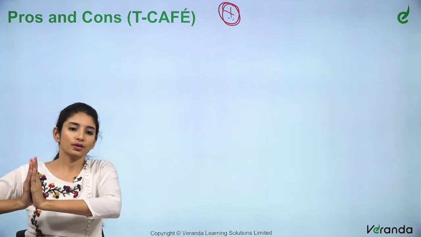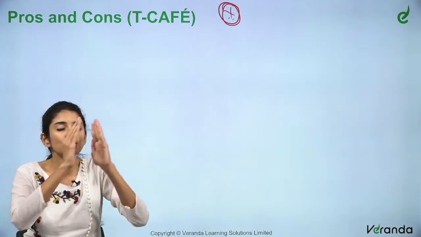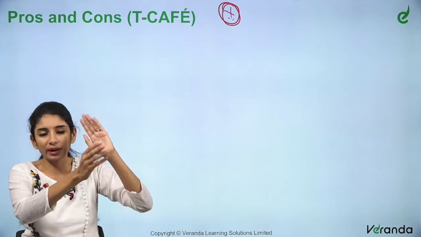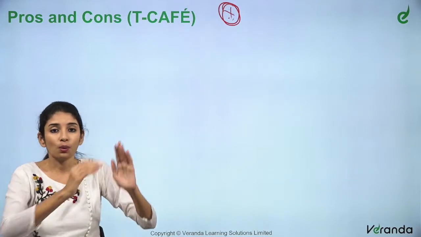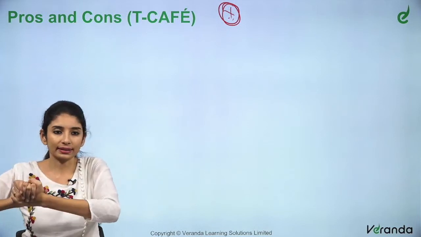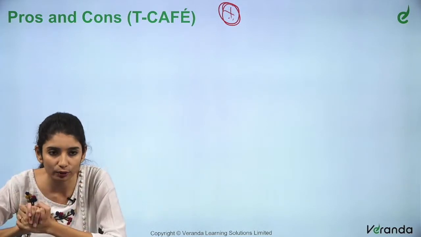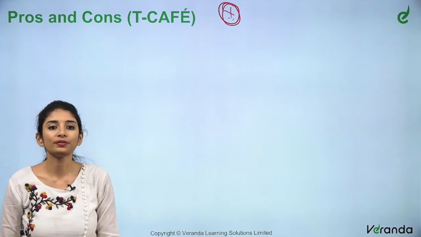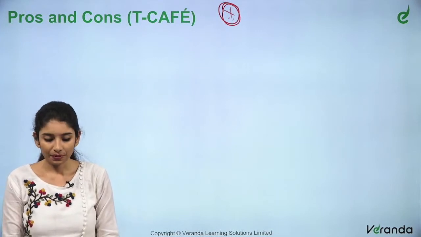So, what are the pros and cons of having two separate softwares, one for accounts and one for tax, versus having a software which can do both accounts and tax? The code word for this is T-Cafe.